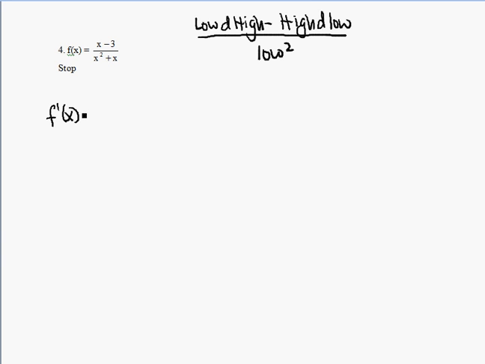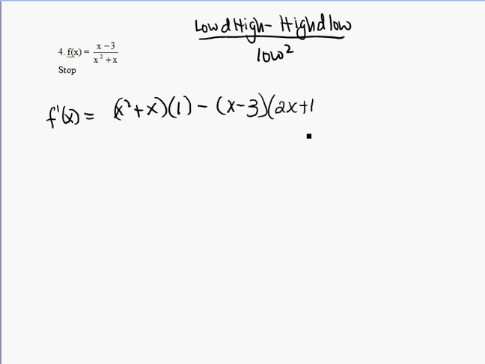So f prime of x is equal to x squared plus x times the derivative of x minus 3, which is just 1, or 1 minus 0, just 1, minus high, that's a 3, derivative of the denominator is 2x plus 1, all over low squared, which is x squared plus x quantity squared.